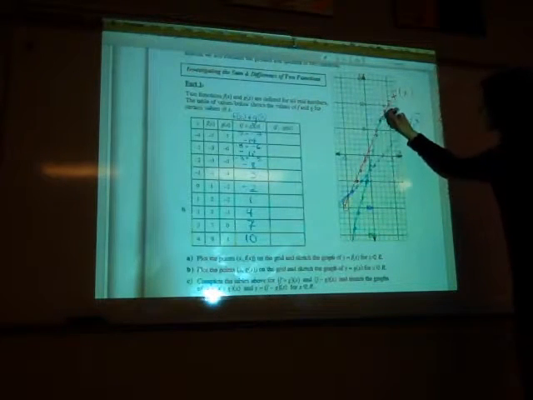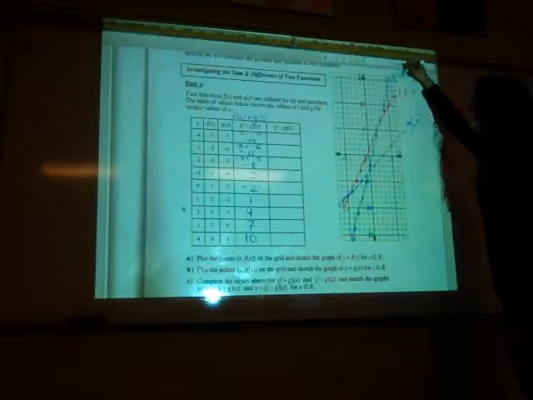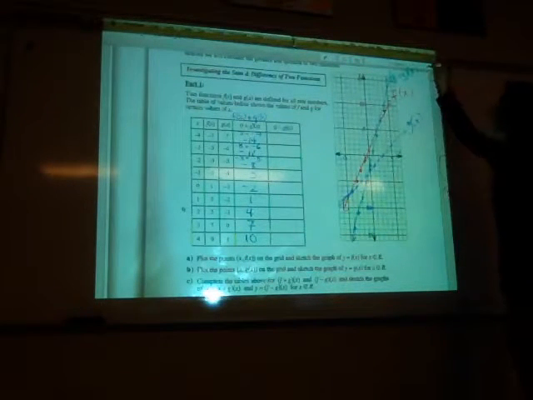And then just draw a line through those. And we're going to label that f plus g of x.